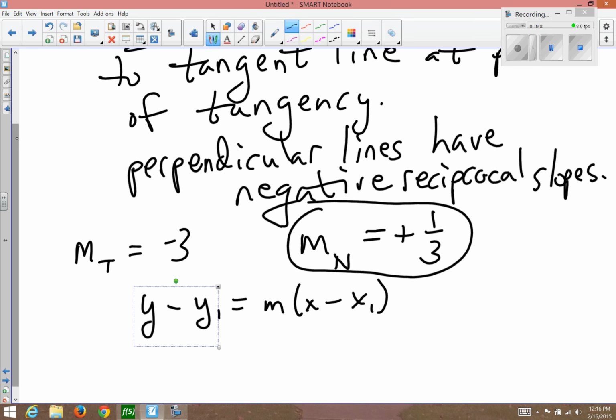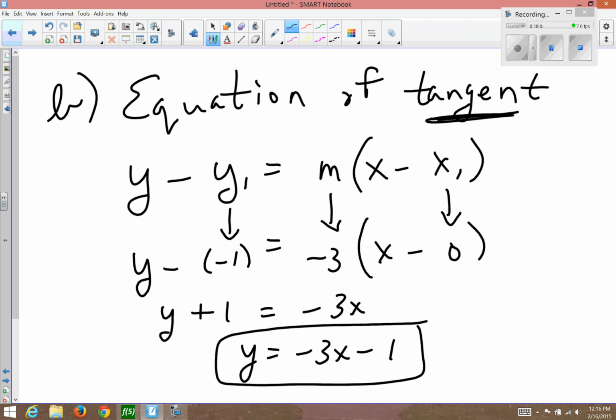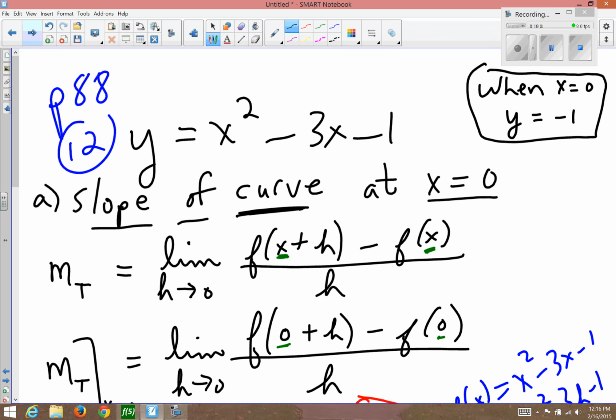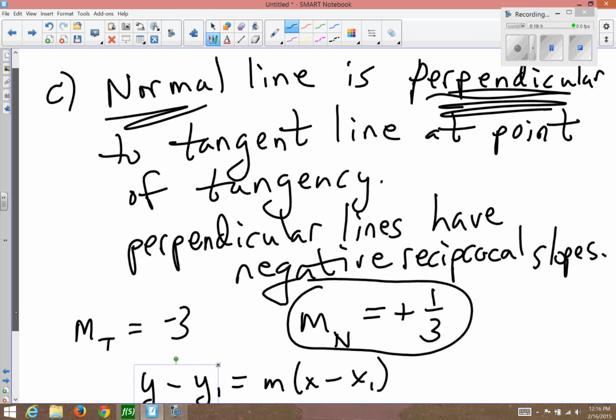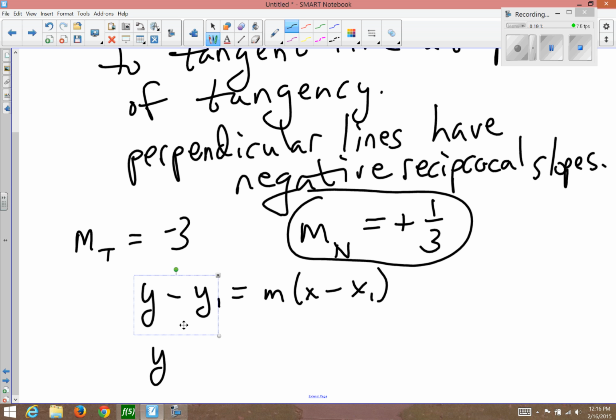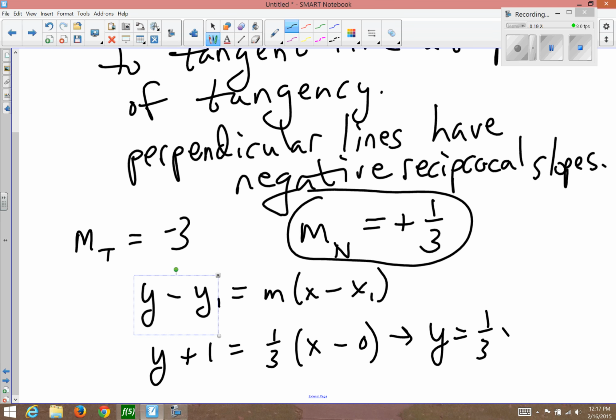X1 and y1 are the same as in part B, 0 and negative 1. So y minus negative 1 equals the slope times x minus 0, or y equals 1/3 x minus 1.